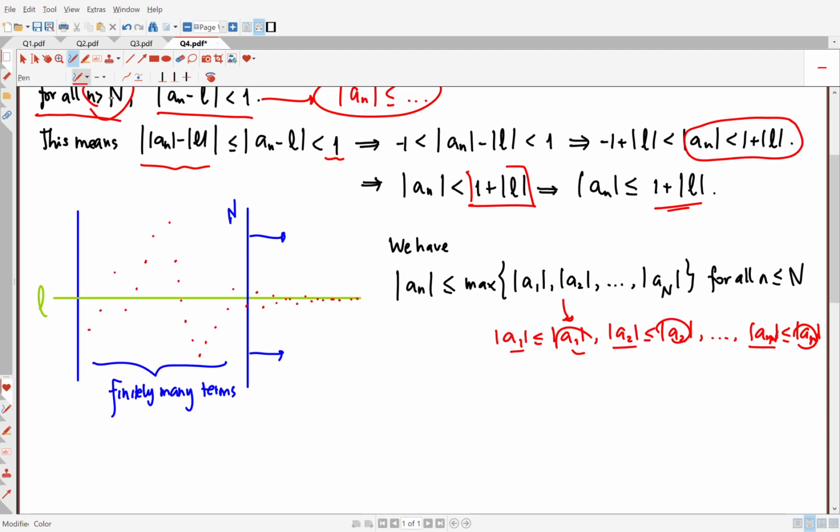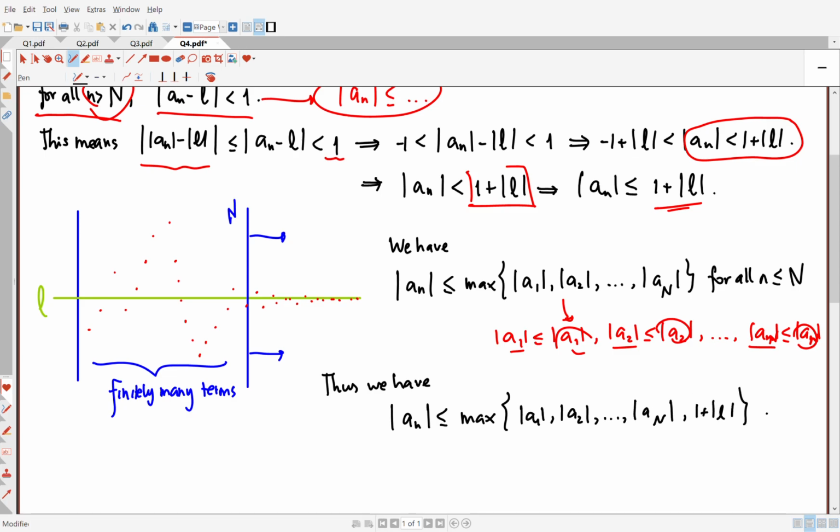So for all n, we have the absolute value of a_n is less than or equal to the maximum of the absolute value of a_1, absolute value of a_2, and so on until the absolute value of a_N, and 1 plus the absolute value of L, for all n starting from 1, 2, 3, and so on.